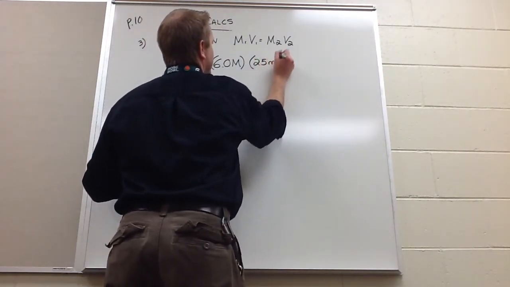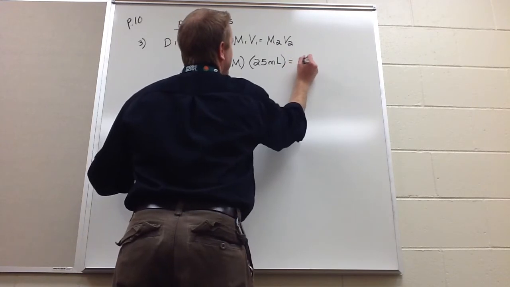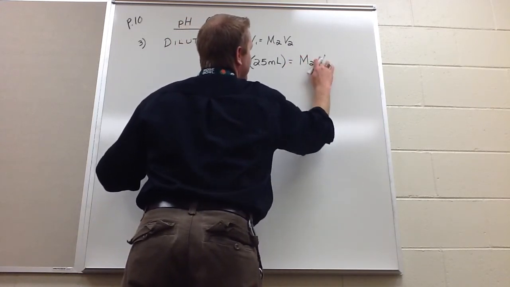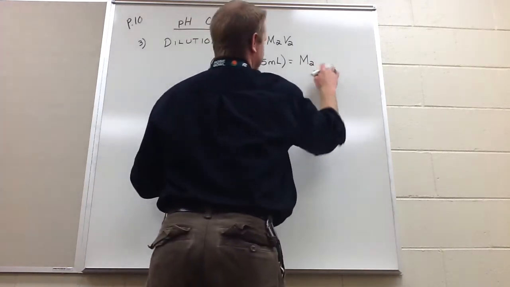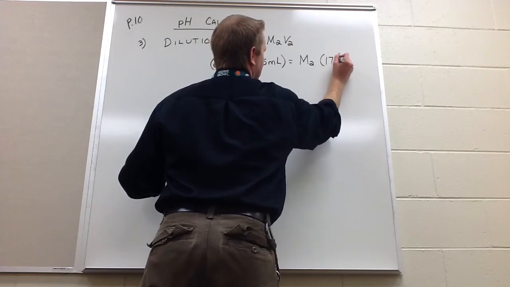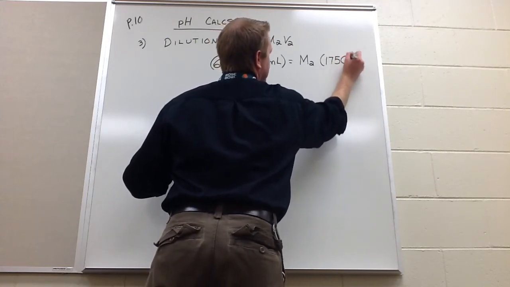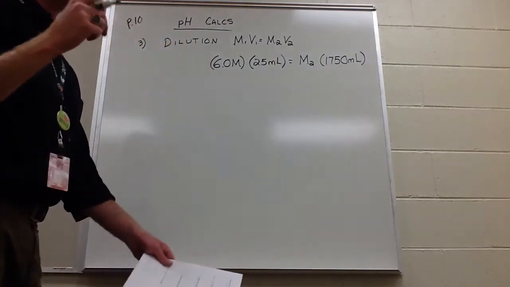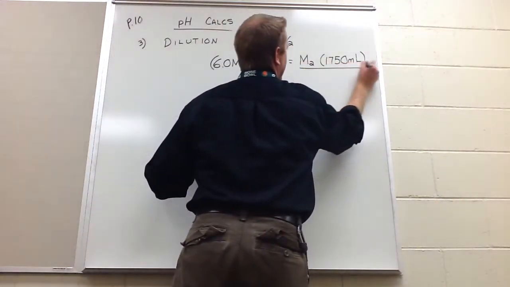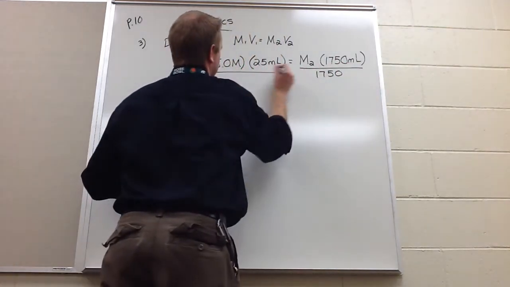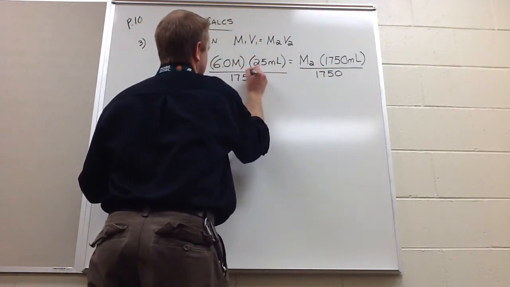So 25 milliliters. What is the molarity now, M2, when the new volume, well, 1.75 liters would be 1,750 milliliters, right? So now we have congruent units. We divide both sides by 1,750.